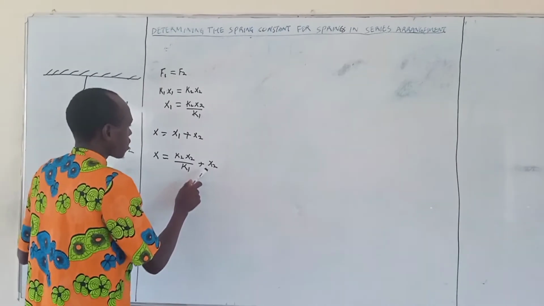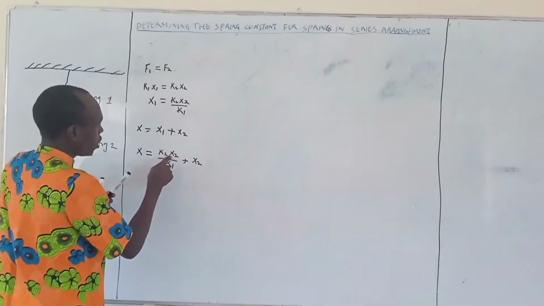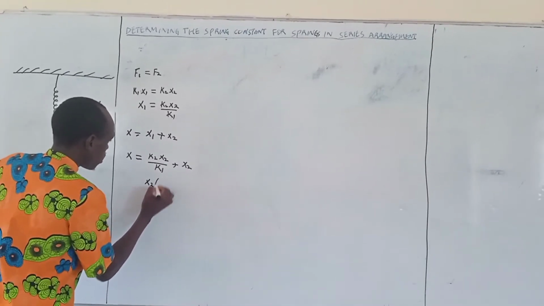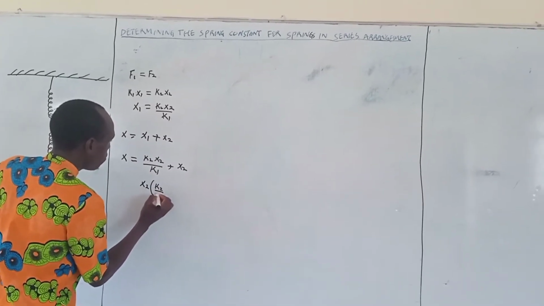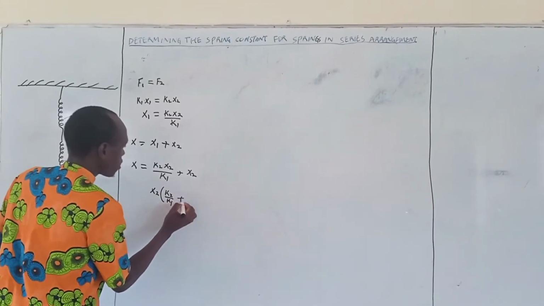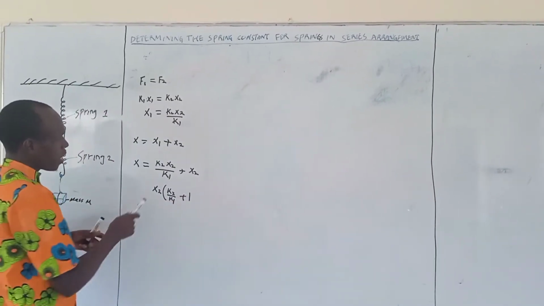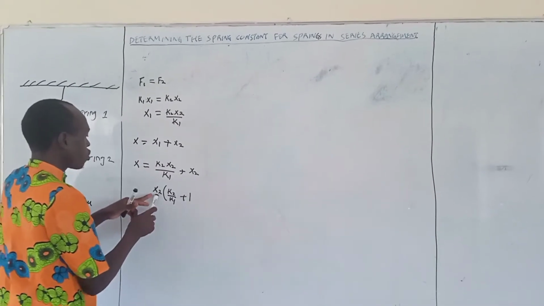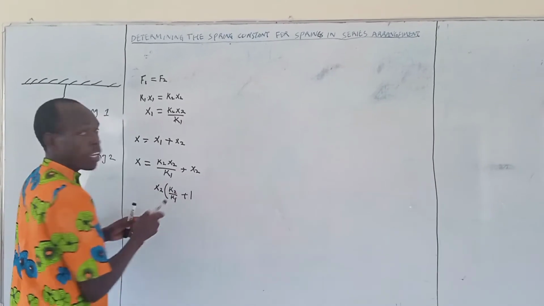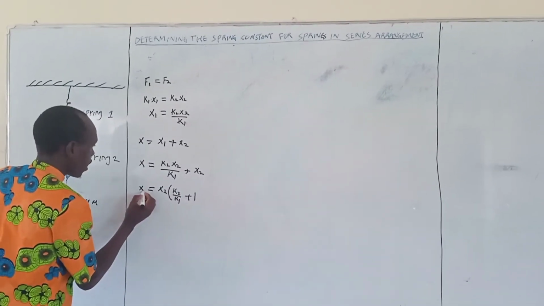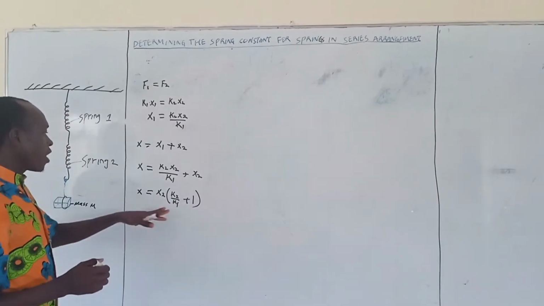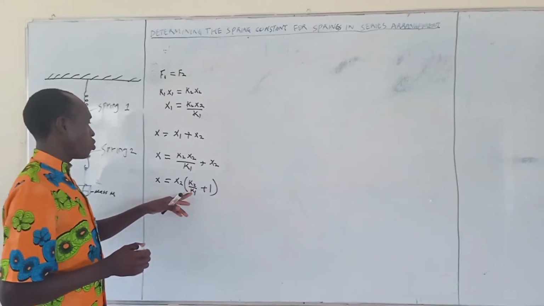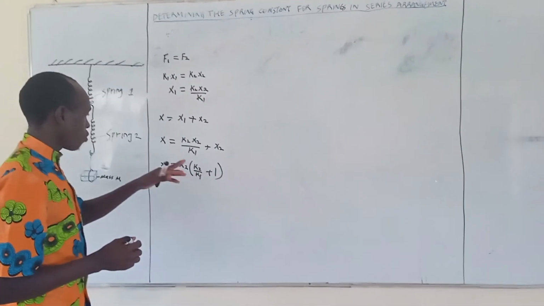Now, you realize that we have X2 here and X2 here. So we can write X2 in brackets, K2 divided by K1 plus 1. When you multiply X2 by K2 over K1, you get this, then X2 multiplied by 1, you get X2. So this is equal to X. Now, X is equal to X2 in brackets K2 divided by K1 plus 1.